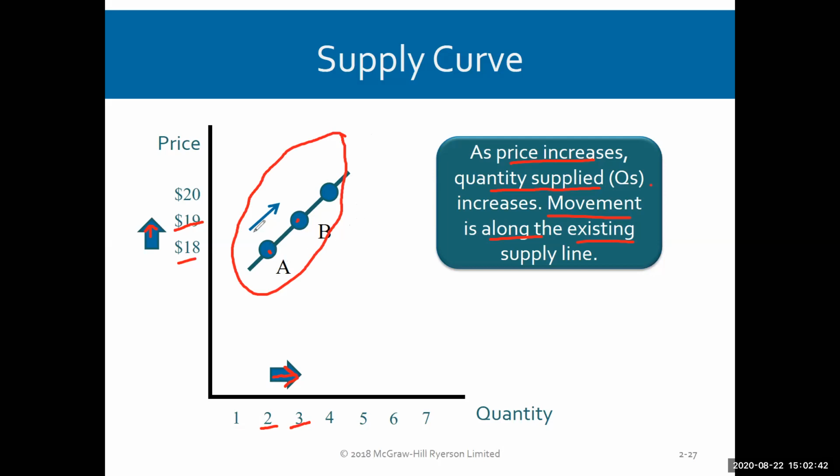What did change is we increased price and we moved along the existing supply curve, which showed a change in quantity supplied, but no change in the formal use of the word supply. Okay, so make sure you understand those differences. And it's really just terminology for this course, for all economics courses, but it's really important so we both are talking about the same things.